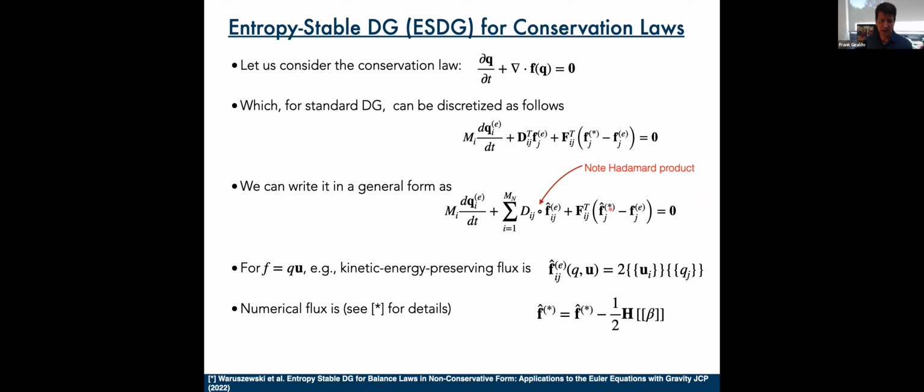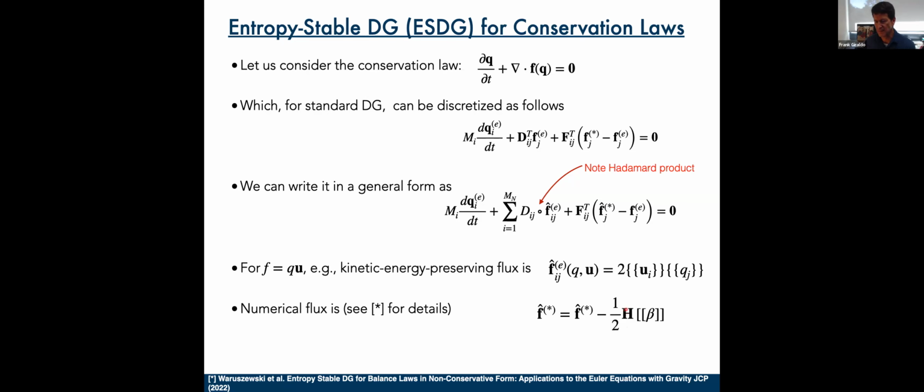So for example, if you're thinking about constructing a kinetic energy preserving method, then the flux would look something like this. It would be just 2 times the mean of the velocity times the mean of some q, right? And if you wanted to then use that to construct the Riemann solver, then you would add some dissipation term where, if you know what a Roe Riemann solver is, it's very similar, right?